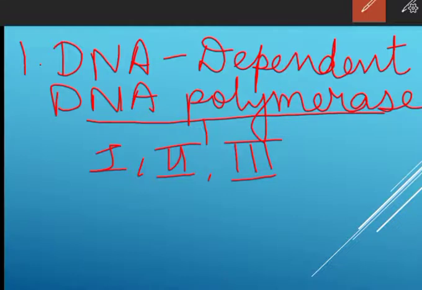Whereas in eukaryotes, 5 different DNA polymerases have been identified, that is DNA polymerases alpha, beta, gamma, delta.